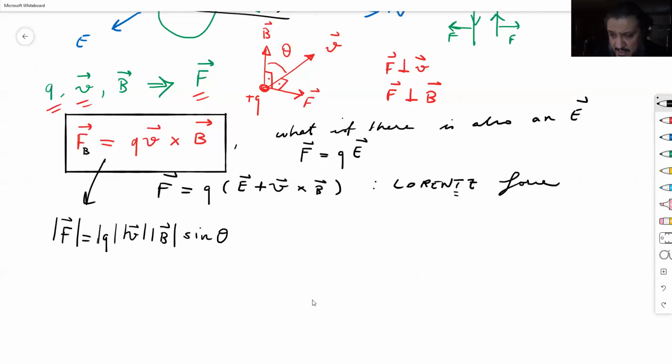But this is what I want you guys to think about now. Don't worry about the sign. It's a dimensionless number anyways. Check the units here. So F is in newtons. Charge is in coulombs. Velocity is in meters per second. So what is the unit of the magnetic field then?